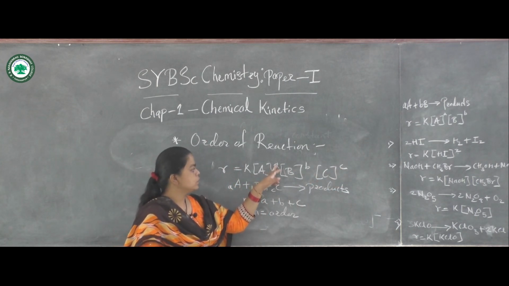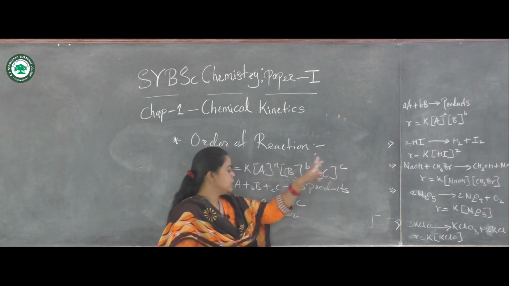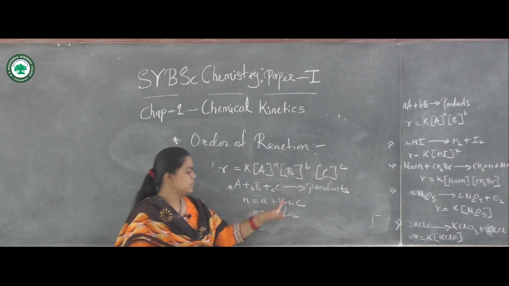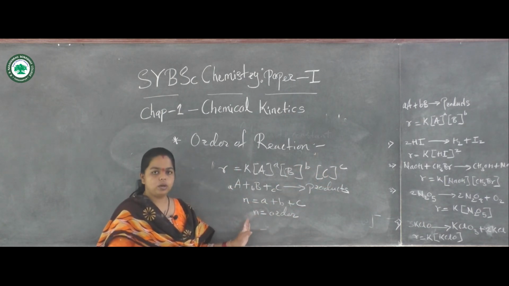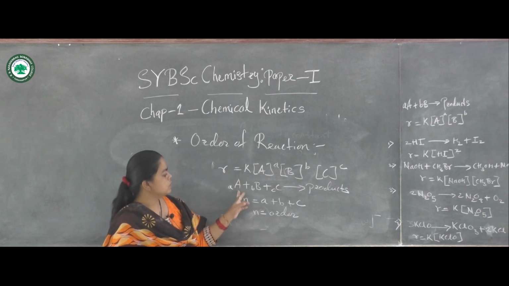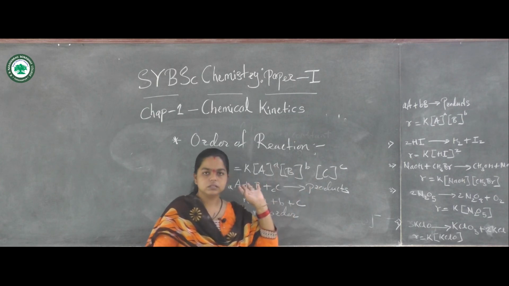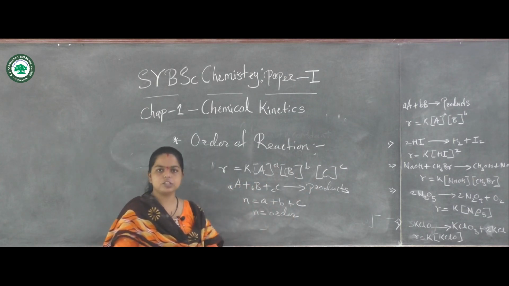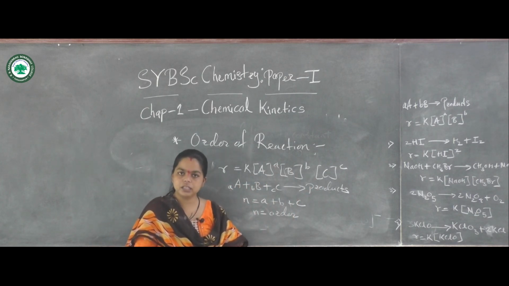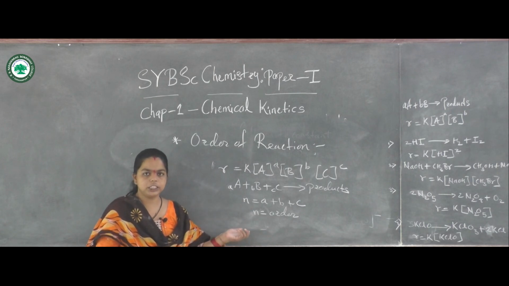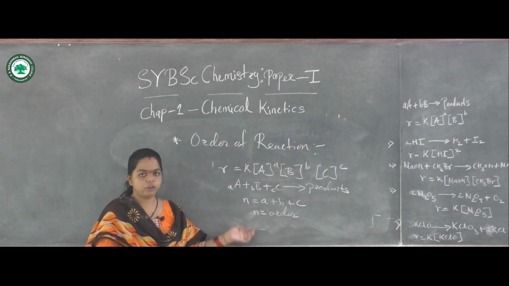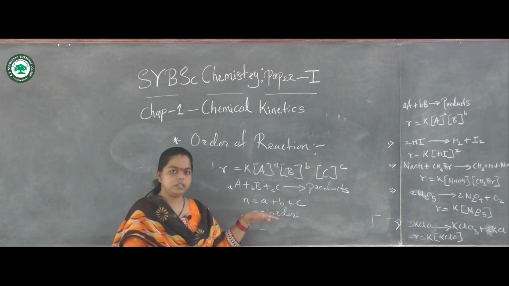So if we add a plus b plus c, we get n equals a plus b plus c, the overall order for this particular reaction. So the order of the reaction is determined experimentally. It is an experimental quantity, and it cannot be obtained simply from the balanced chemical equation.